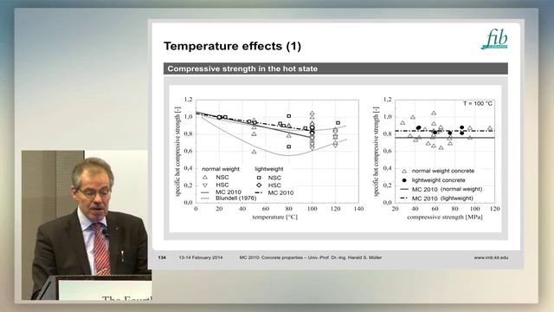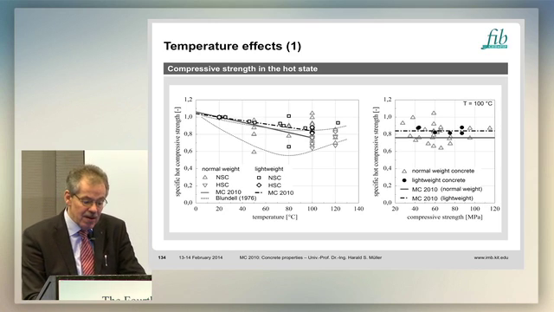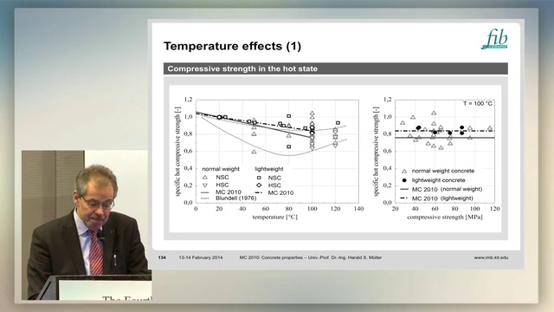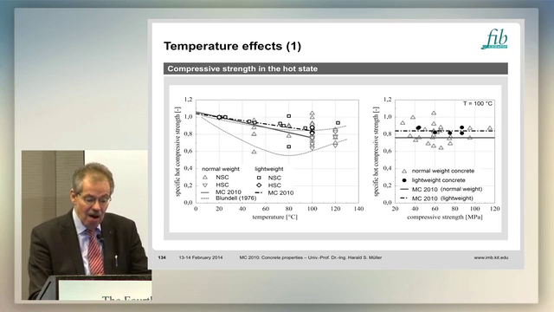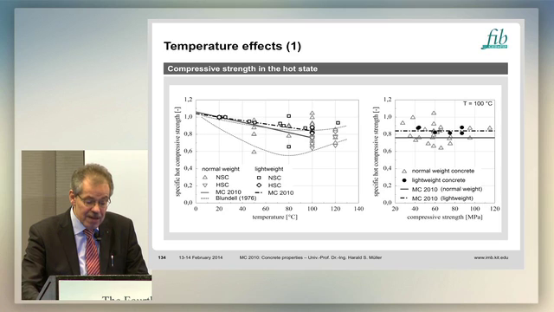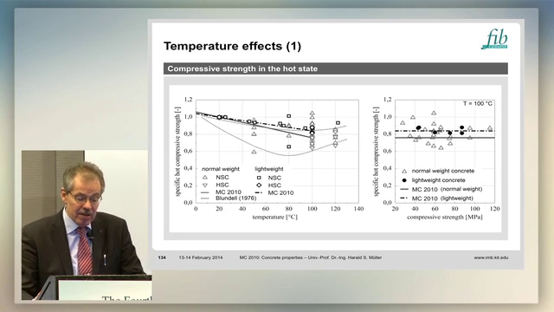Then we dealt with the temperature effects. You have here on the left-hand side the compressive strength dependent on the temperature, the compressive strength in the hot state relative to the ambient temperature. You see the scatter of the data, but you see also the Model Code curve. It indicates the general tendency.